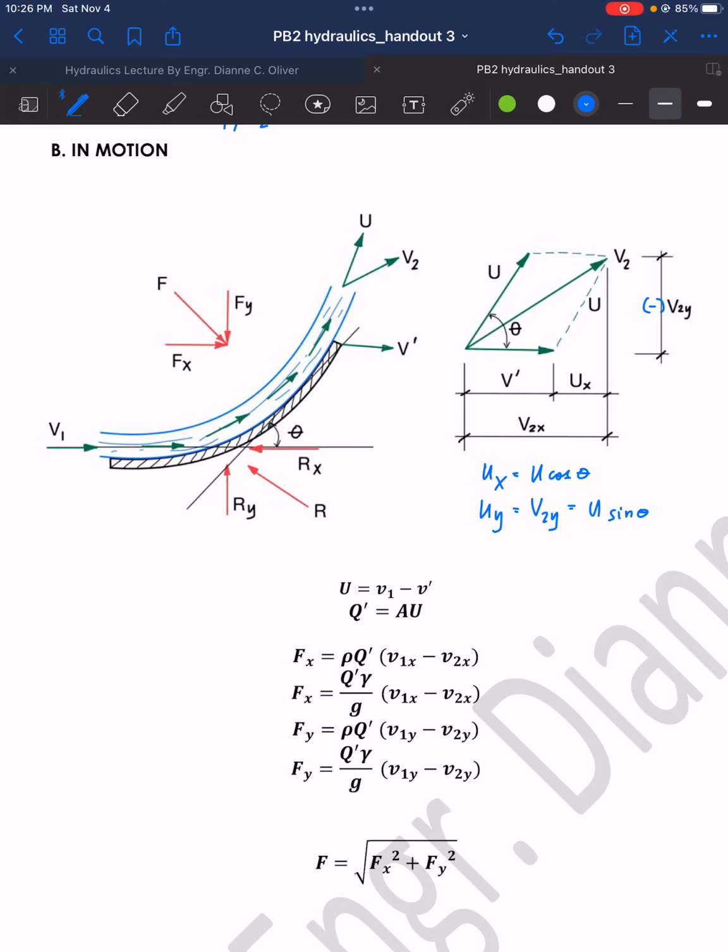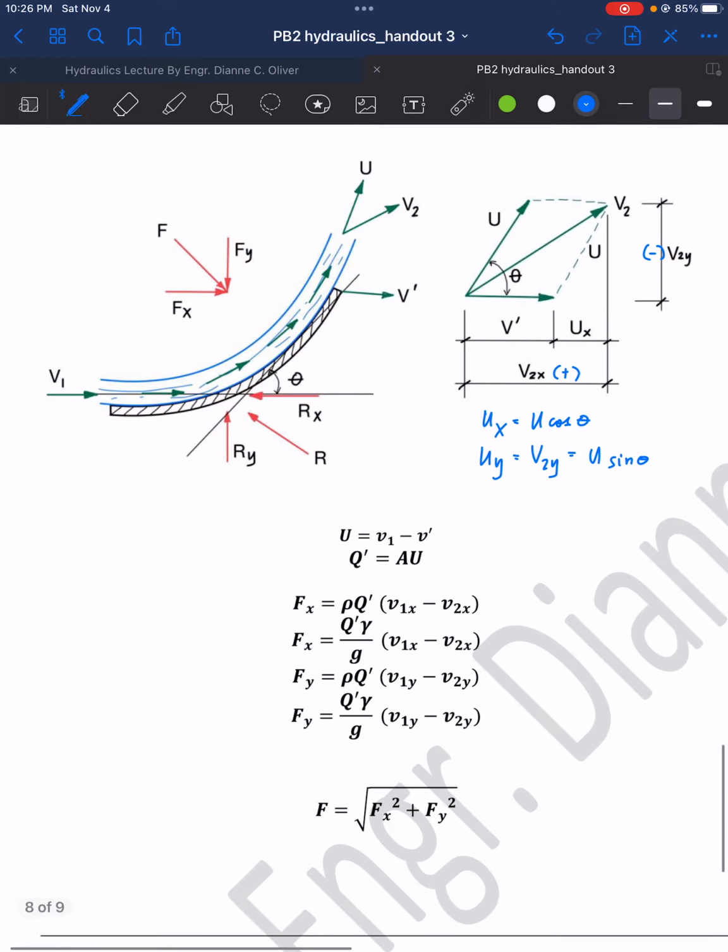Whereas our V2x, since it's the same direction as the Fx, we will get that as positive. That's why in our formula, the V2y term is actually negative V2y, and thus becomes positive on this one. And that will be explained later in the examples.